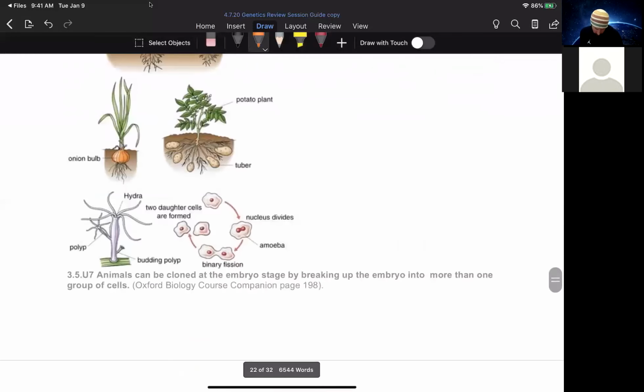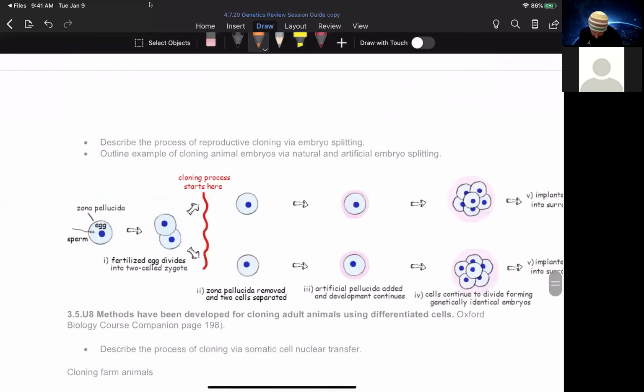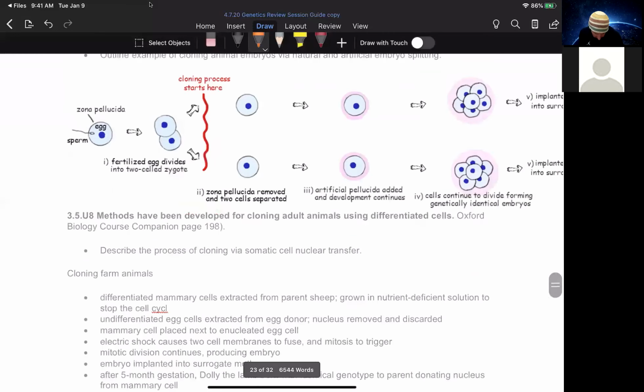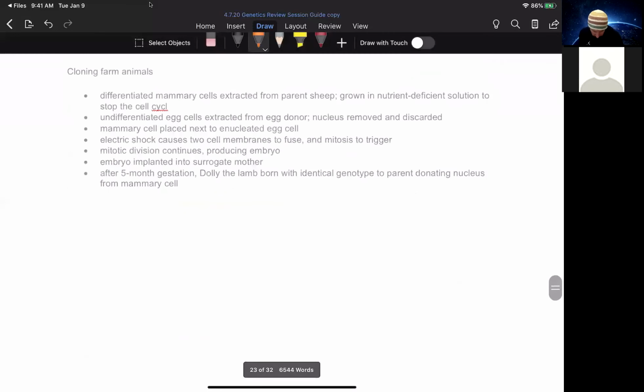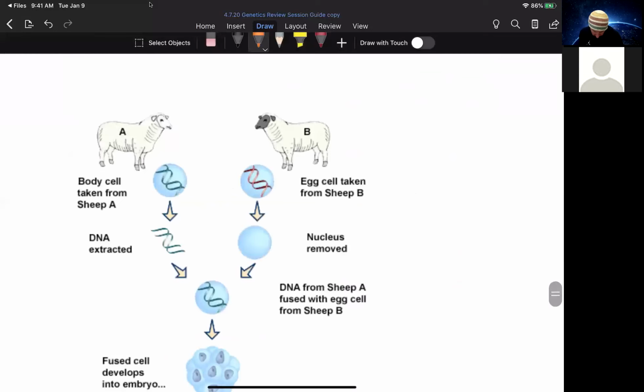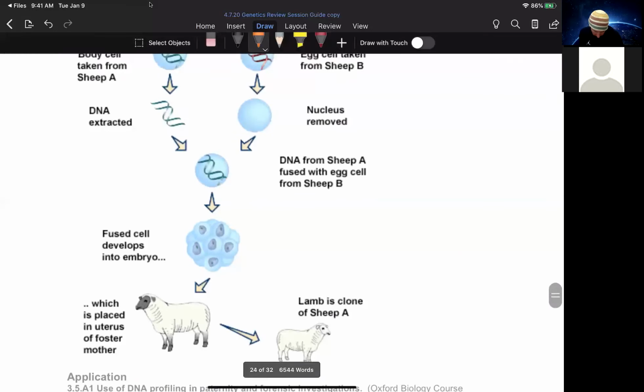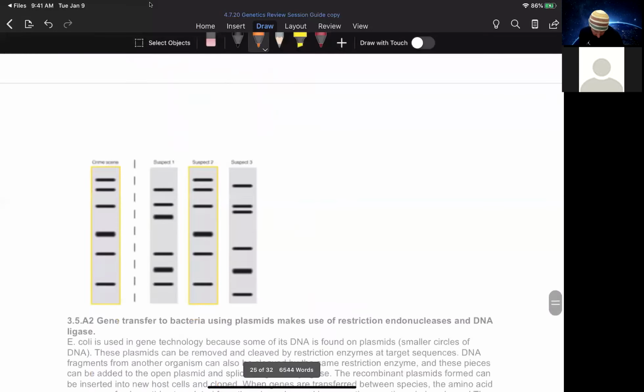And then I put in this stuff. Let's see, what's this one right here? Yeah, this is more cloning stuff. This is the chapter 3 and the chapter 10 cloning stuff. Oh, this is the other one. This is the plasmids.